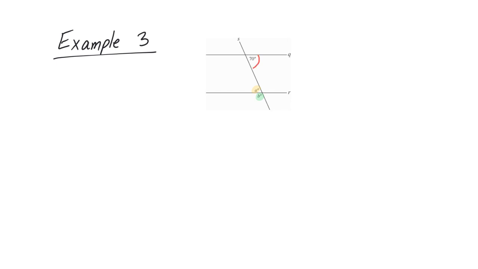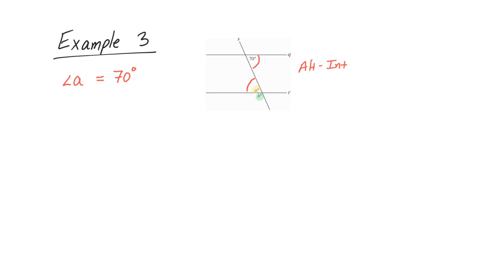If you look at 70 degrees and A, these are alternate interior angles. They are both on the inside and on opposite sides of the transversal. That means that angle A equals 70 degrees because alternate interior angles are equal.